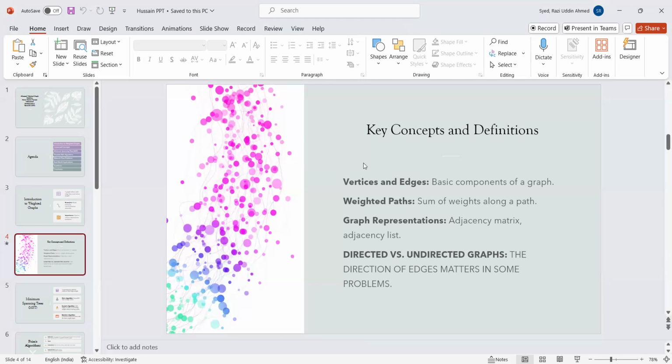Now comes the last point, directed versus undirected graphs. In directed graphs, edges have a direction, for example a one-way street, and in undirected graphs edges do not have a direction, for example two-way streets. So the direction of edges matters in some problems, but not in all problems.